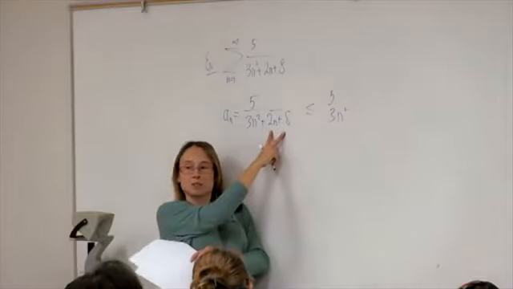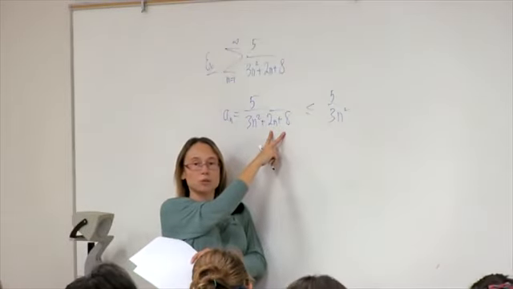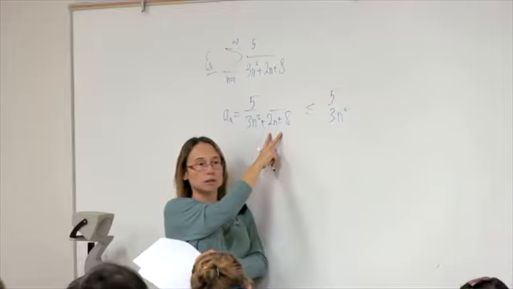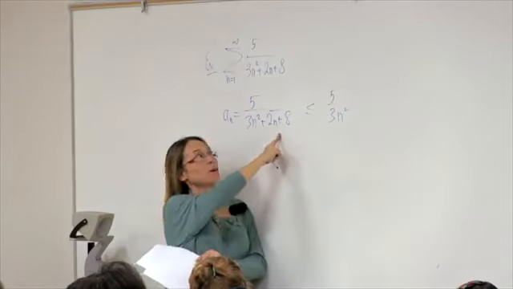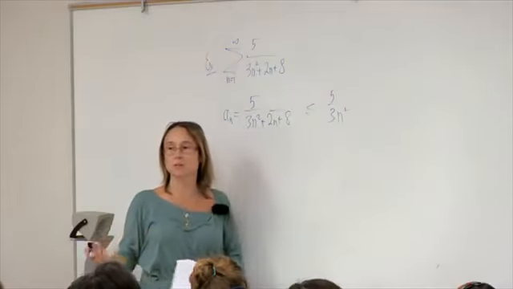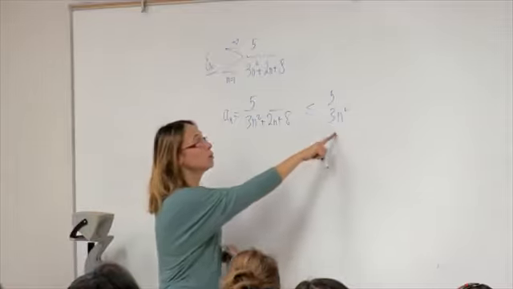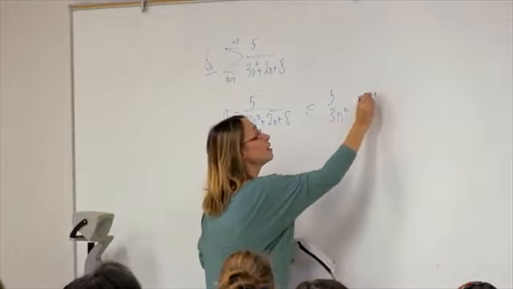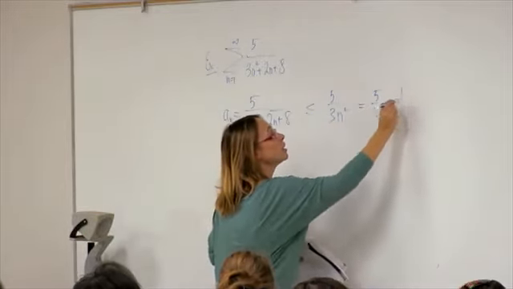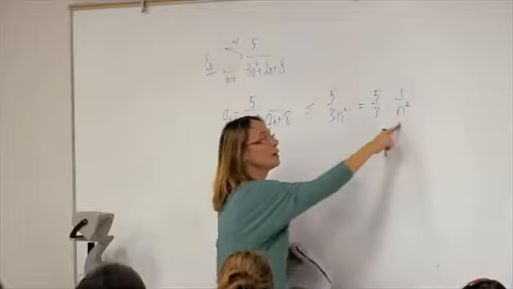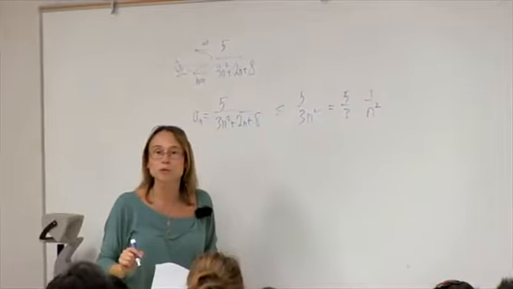Because we add something positive to the denominator to make this smaller. Okay, so on the left we have our series that we want to study. On the right, we have a number times a p series with p equals 2.